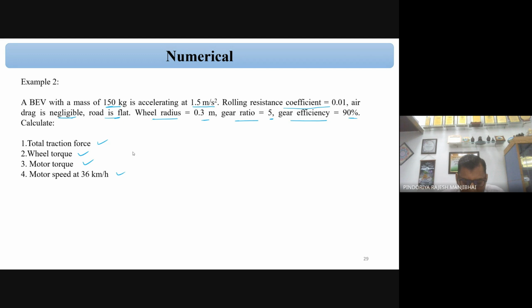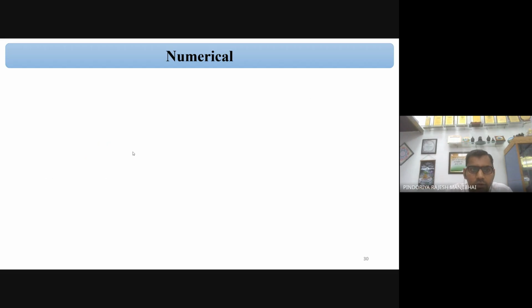How can we calculate the traction force? First parameter, total traction force. Any idea how we can calculate the traction force? Just mgCr, sir.